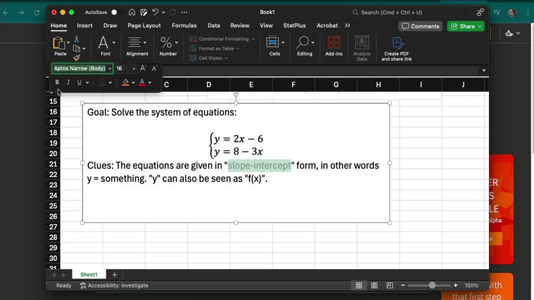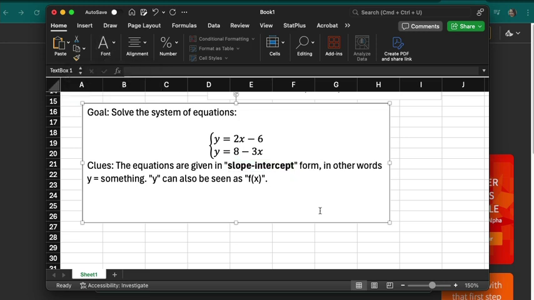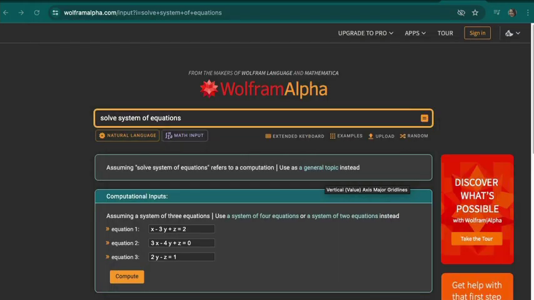We went over slope-intercept form in a previous video. So if you missed that, check out the videos where I was introducing you to the idea of linear equations. These two are what we call linear equations, and each of them is given to us in slope-intercept form. So we will not be using Excel, so I'm going to move this to the side and introduce you to a website called wolframalpha.com, which is a search engine in its own right.